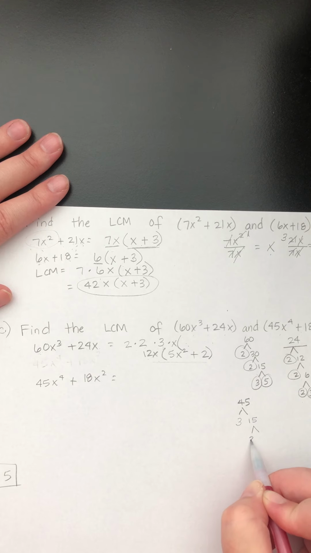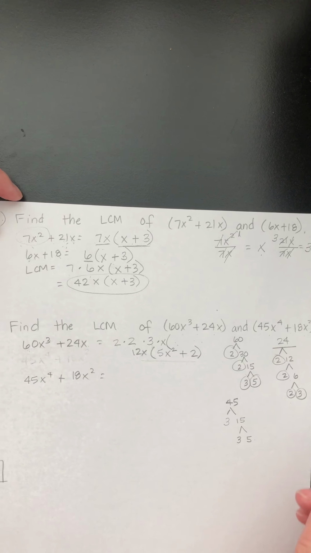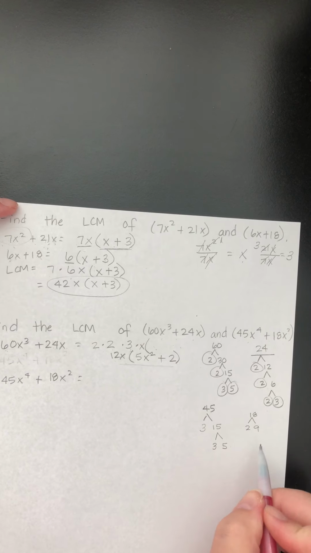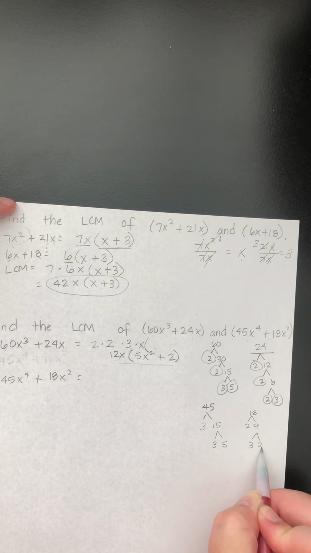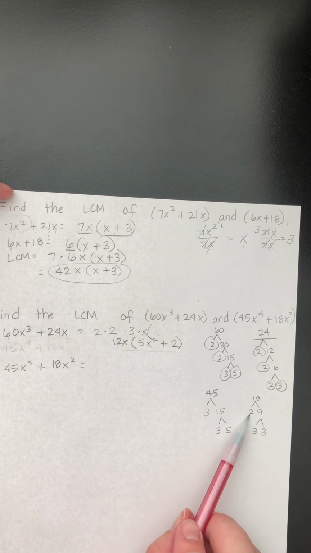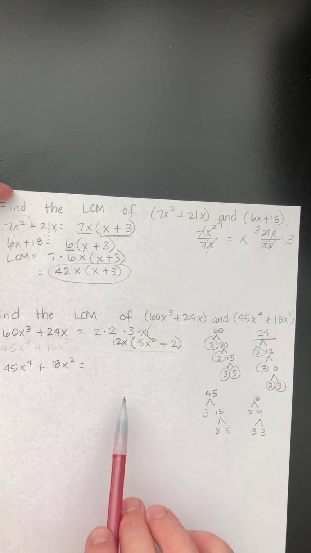You can't divide by 2, but you can divide by 3. You get 5. So 3 times 3 times 5 is our factor for 45. And then 18, you can divide by 2. You get 9. And you can divide that by 3, and you get 3. These are our factors. Now, 2 appears in 18, but not in 45. That's not going to be one of our factors for right here.